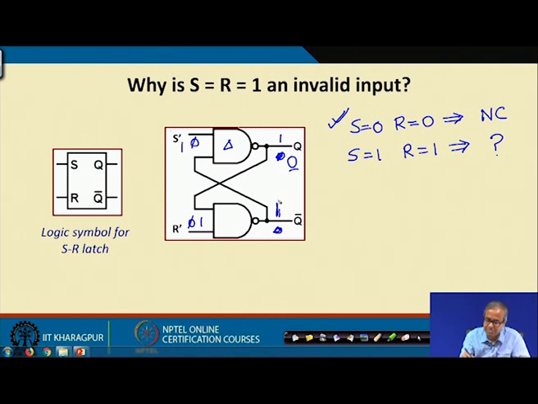So, now we have a stable state 0 and 1, but if this gate was faster, then the reverse would have happened, we will get 0 here and 1 here. So, the confusion is after applying S1 R1, if we apply S0 R0, you cannot definitely say whether the output will become 0 or 1, it will depend on the relative speeds of the two gates. This is a phenomenon which is called race condition.